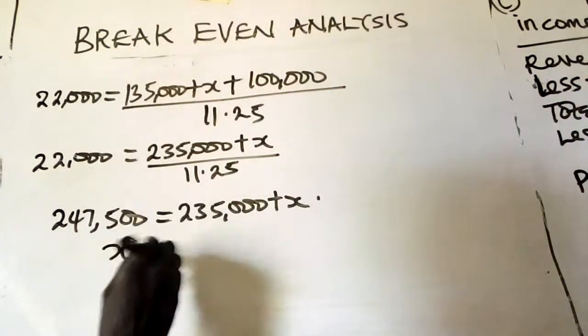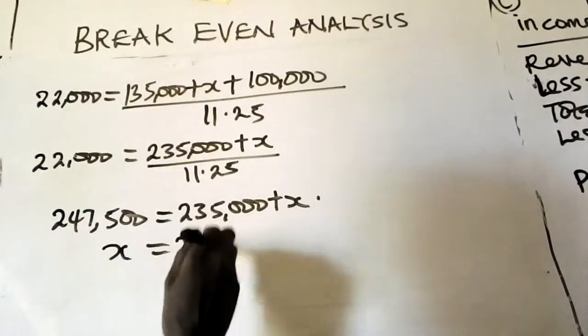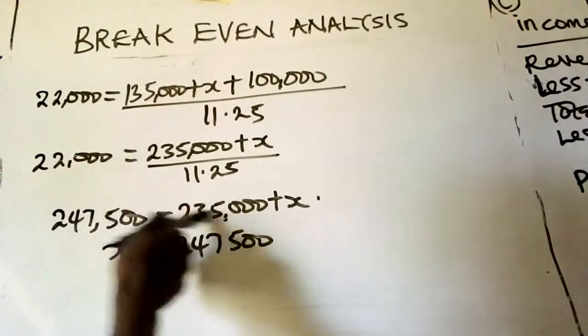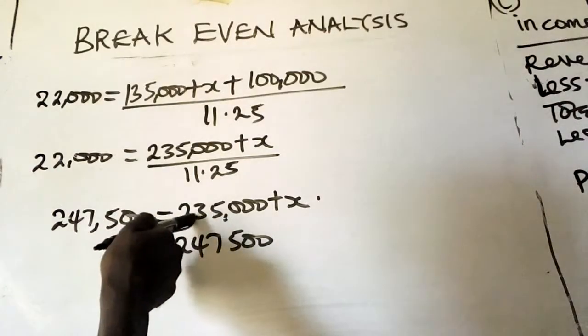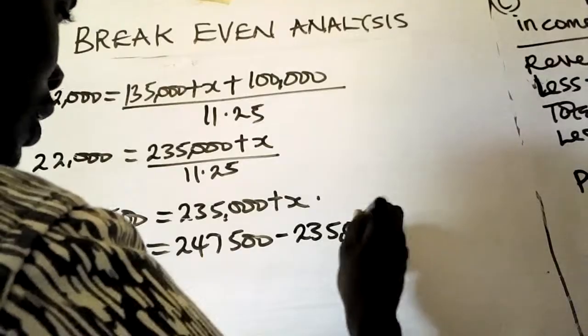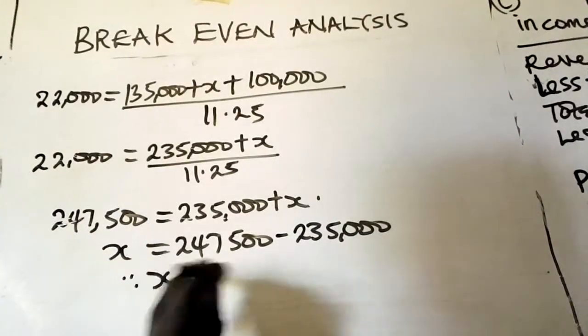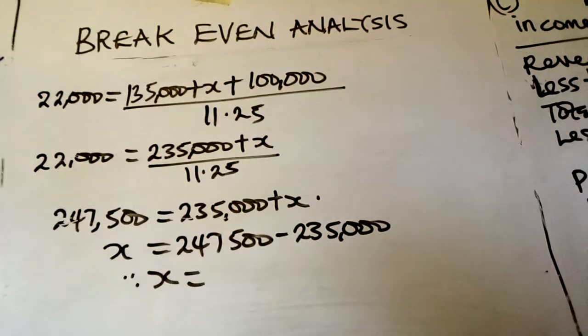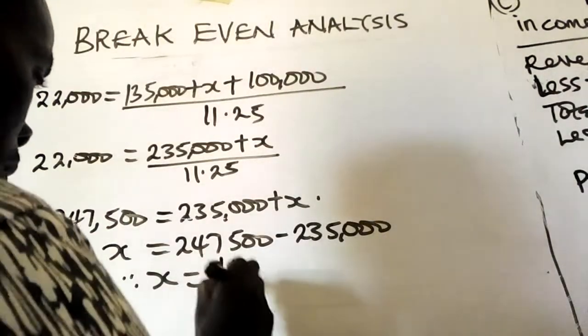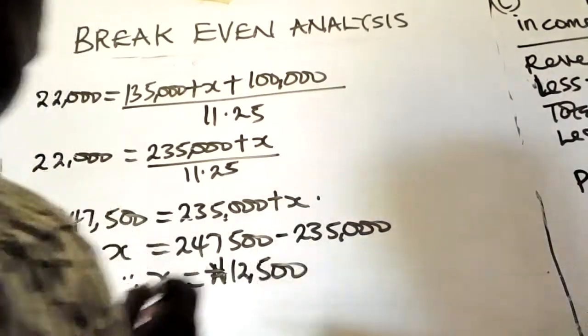You have X equals 247,500. When you bring this one to join it at the left hand side, this is plus, it becomes minus 235,000. Therefore, X equals 247,500 minus 235,000. X is 12,500.